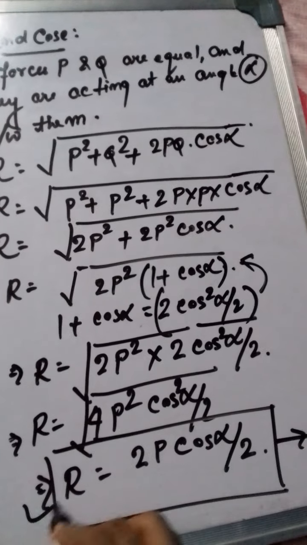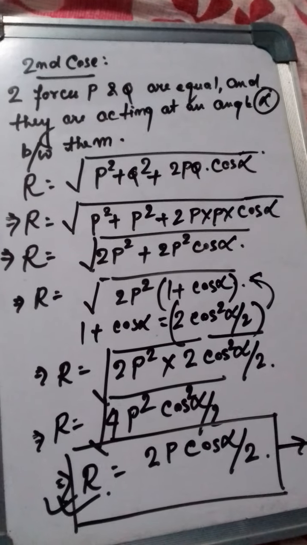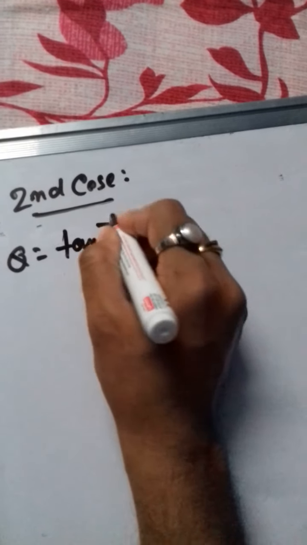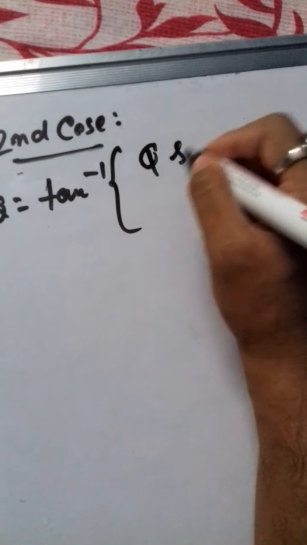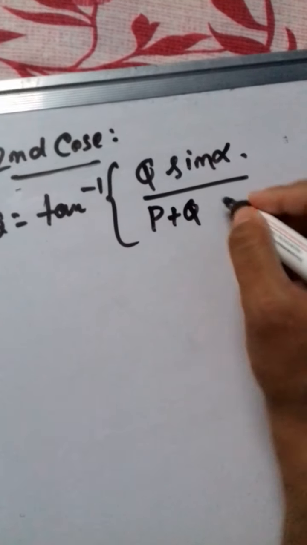So the resultant we have already found out. Now we have to find out the value of the direction, that is theta. It is very easy to find the value of theta. See, the formula was something like this. Theta was equal to tan inverse of Q sine alpha divided by P plus Q cos alpha.